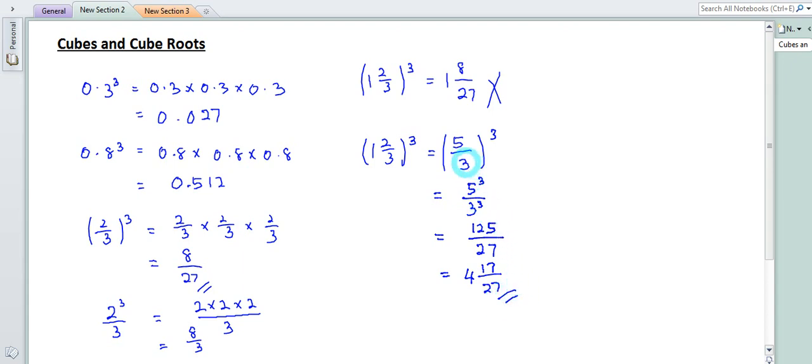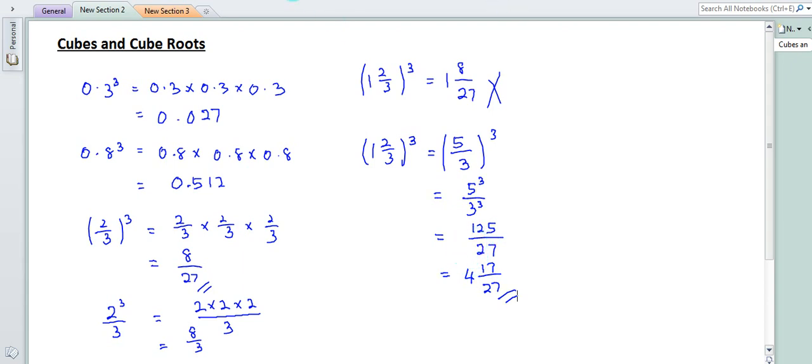But if you calculate this by using your calculator, you don't have to change it to an improper fraction first. You just key in this mixed number, you press cube, then you will get this answer also. The calculator understands it, no problem.